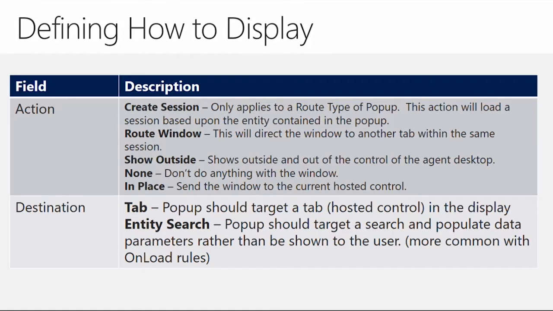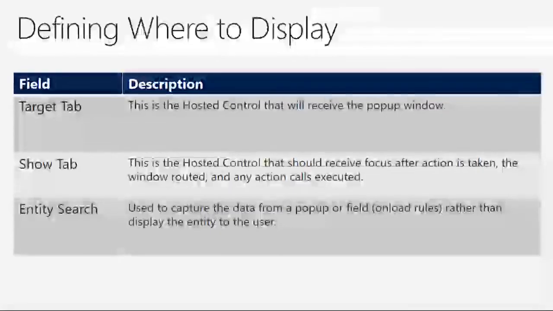Maybe it's an entity search, and we haven't talked a lot about entity searches, but maybe I want to use that information to populate specific items inside an entity search to dictate a little bit more information in regards to how that information is going to be populated moving forward. We'll talk a little bit more about entity searches later on as we move through.